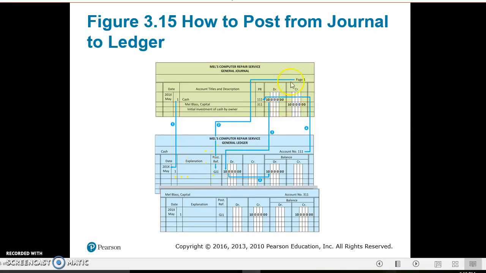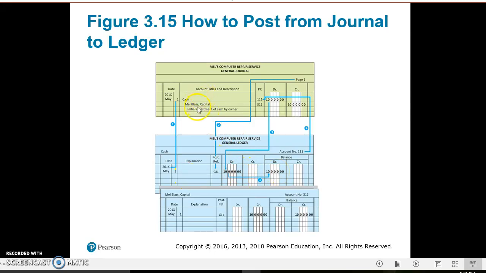On post reference, you're going to put general journal, GJ, page 1. If this is page 10, you put GJ 10. It doesn't matter on that part. Take your debit and put it in there. And then here's your balance column. So if you have 10,000 here, you have 10,000 there.